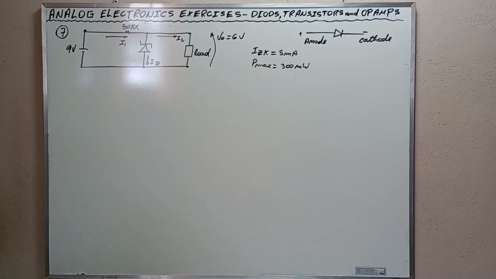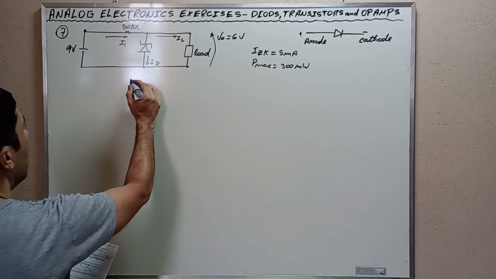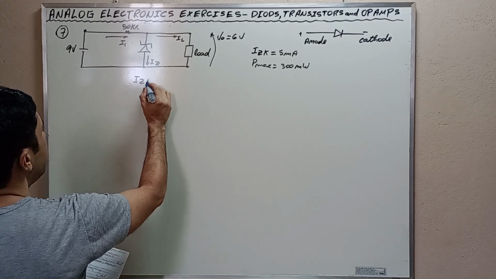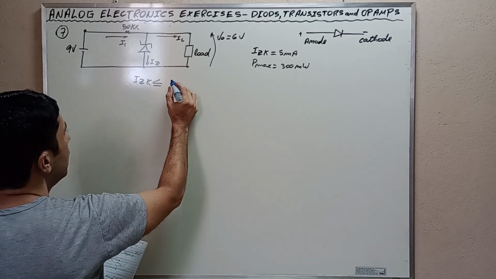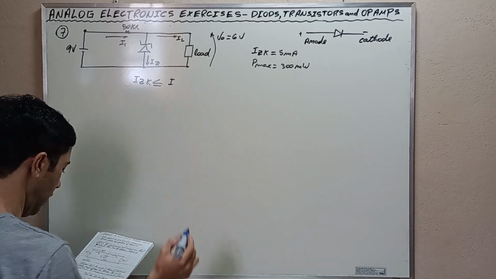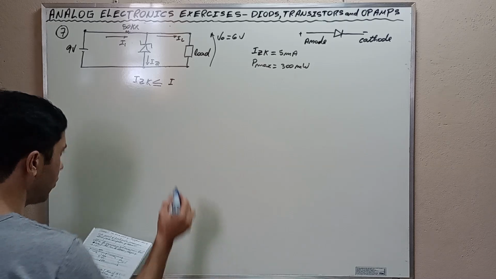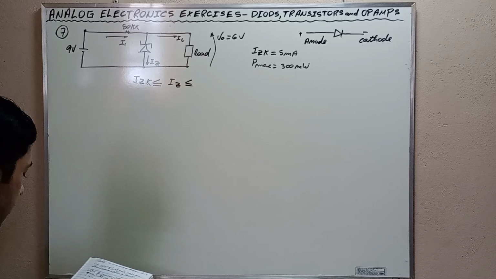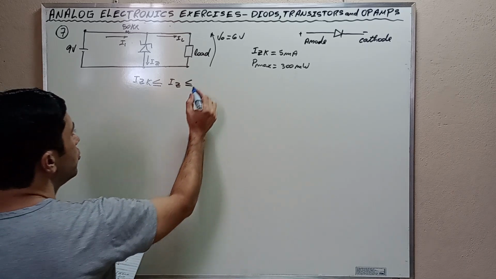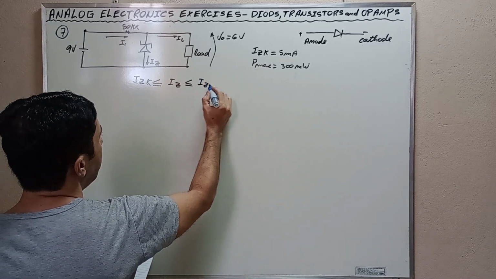We know that the current through the Zener must always be between the knee current and the maximum current allowed. That is, IZK, the knee current of the Zener diode, is less than or equal to IZ, and in its turn, IZ is less than or equal to IZ max.